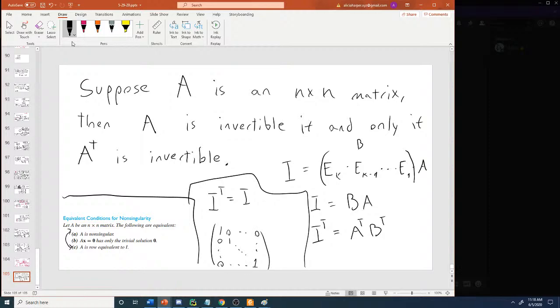And so if you flip this matrix, where you imagine you take this edge to this edge, then what happens when you flip it? Well, you just get the same thing. You get ones on the diagonal and zeros everywhere else. So I transpose is equal to I, which means A transpose times B transpose is also equal to I.